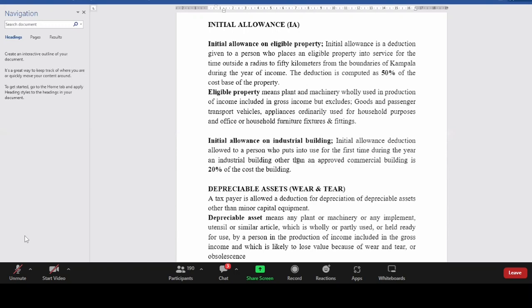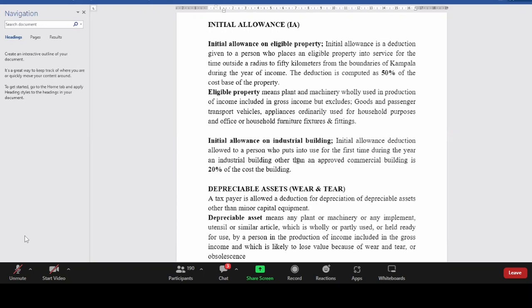They will give you the first year of when you are including it in your wear and tear, and for tax purposes, when you are including it in your account, you are going to be given 20%. I hope you get it. So it's only in the first year. The second year we don't include it. In the second year, they give you wear and tear, and the wear and tear for building is called IBA, or IBD.